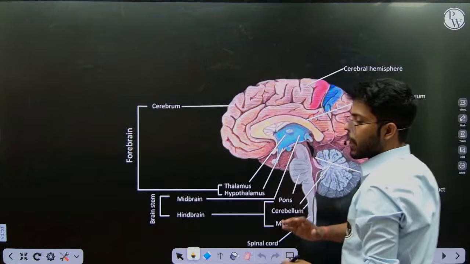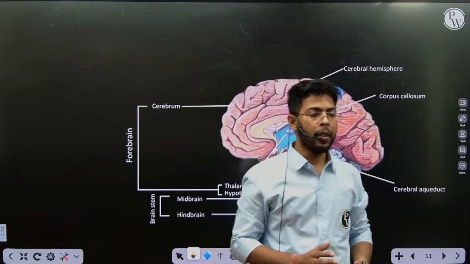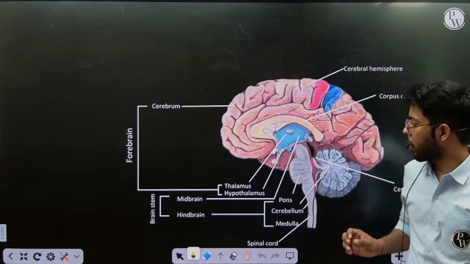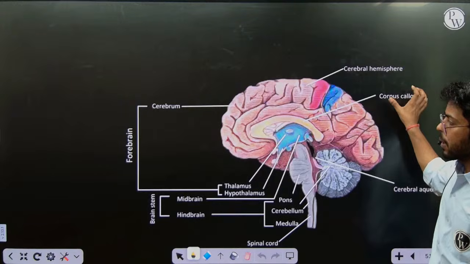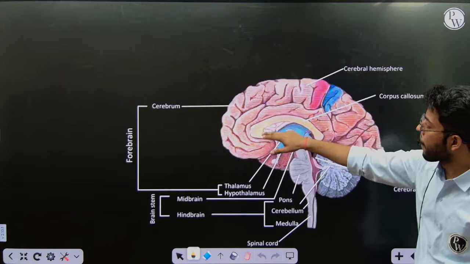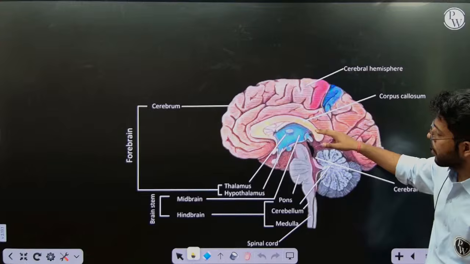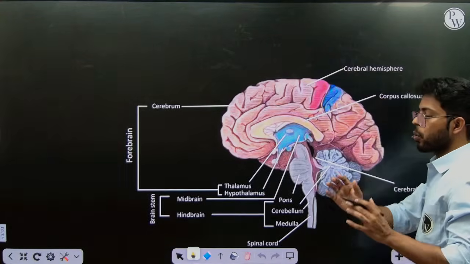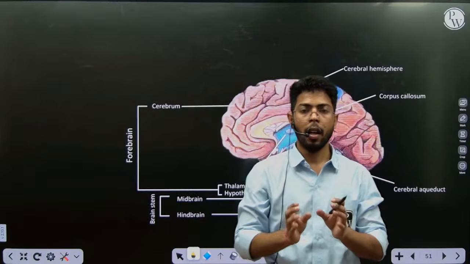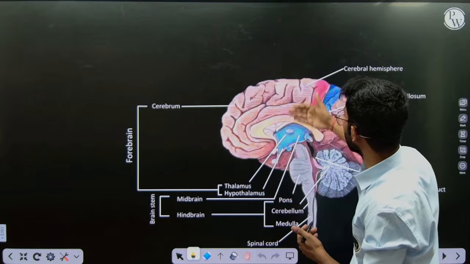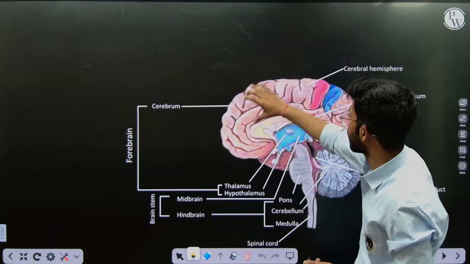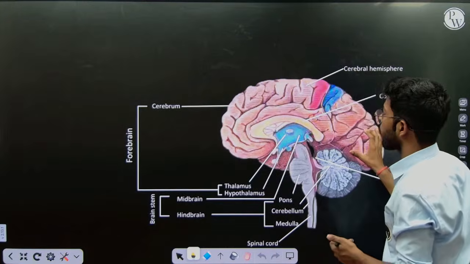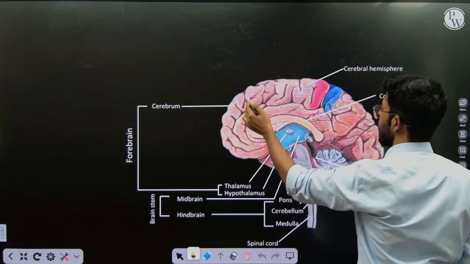So we have two cerebral hemispheres separated by a tract of nerve fibers which is known as the corpus callosum. You can see this is the corpus callosum, the tract of nerve fibers, and there are two cerebral hemispheres present, and there is a groove present between these two hemispheres, and this part is the cerebrum.